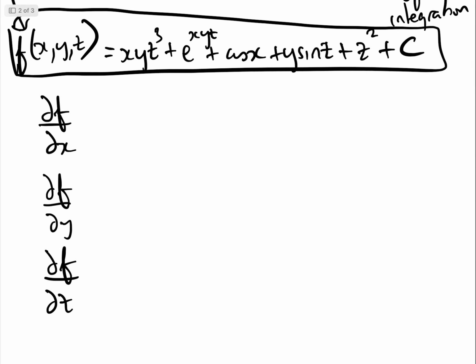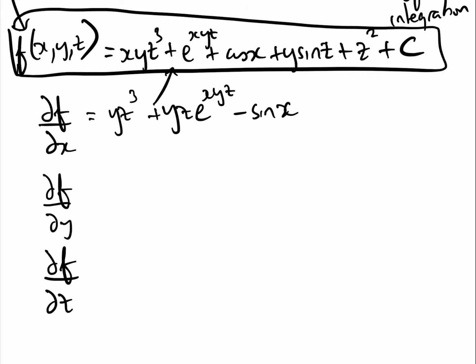So let's just differentiate those. So df dx equals yz cubed. What I'm doing is just differentiating the solution now with respect to x. Add yz e to the xyz minus sine x. That's the differential of our function with respect to x, and that agrees with our vector.